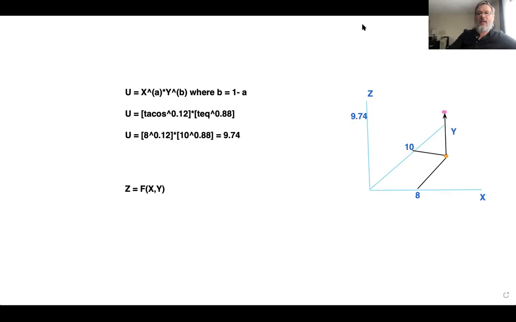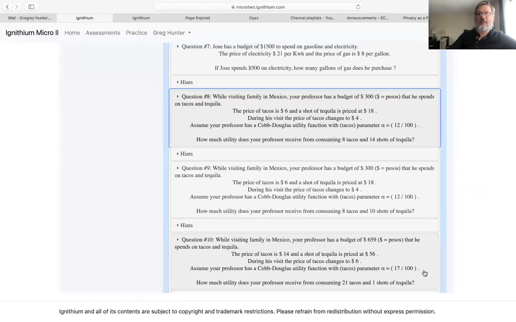And let's go ahead and go back to Ignitium. So our other team, Joshua, what did you get for number 8? I actually ended up at a roadblock. I'm not too sure how to solve this. Okay, well, did you just see what we did? It's the exact same thing.